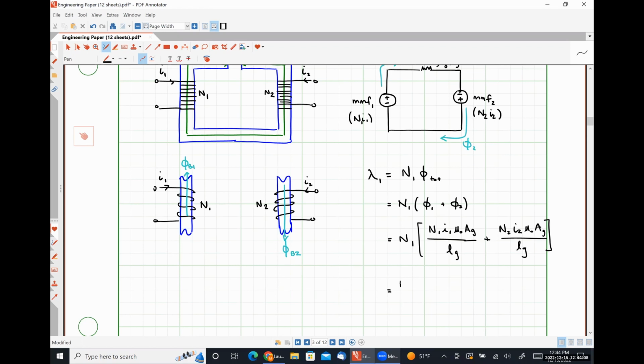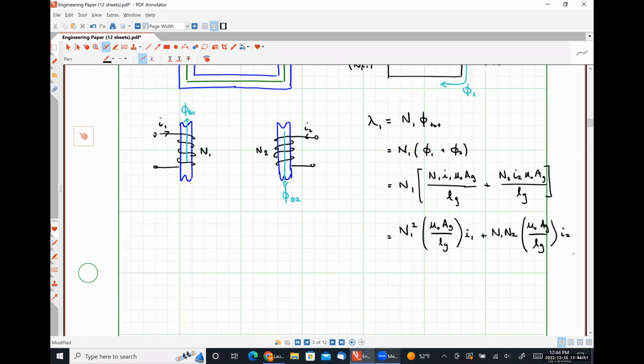What we're going to have is N1 squared times a factor of mu naught AG over LG times I1, plus a factor of N1 times N2 times mu naught AG over LG times I2. Okay.